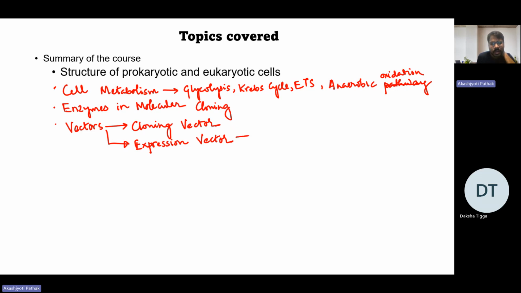But the difference between an expression vector and a cloning vector is that an expression vector will have a promoter sequence that will allow the expression of the gene. It will have the gene sequence and it will also have the terminator sequence. Okay.